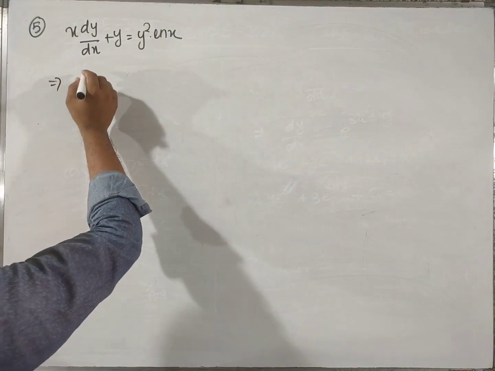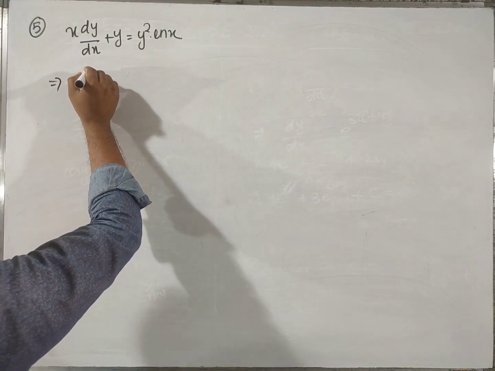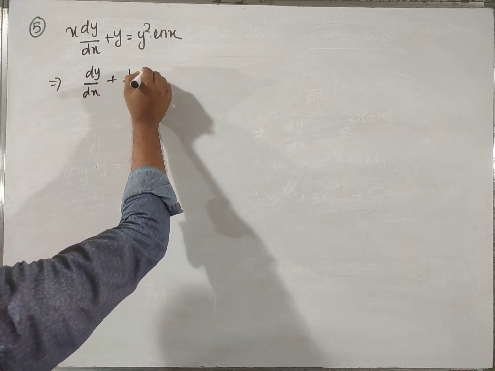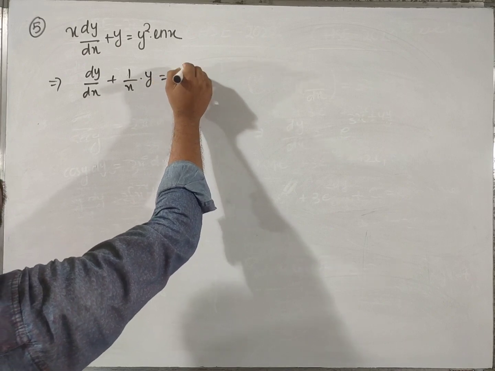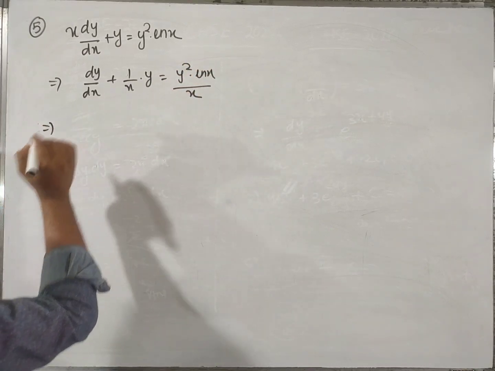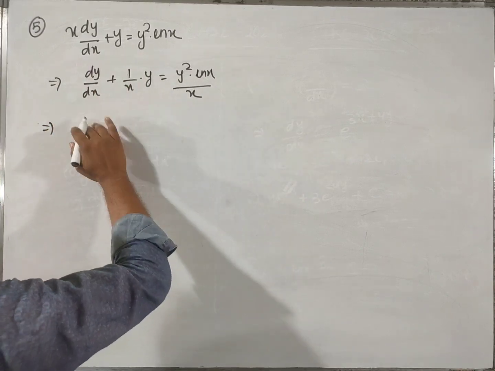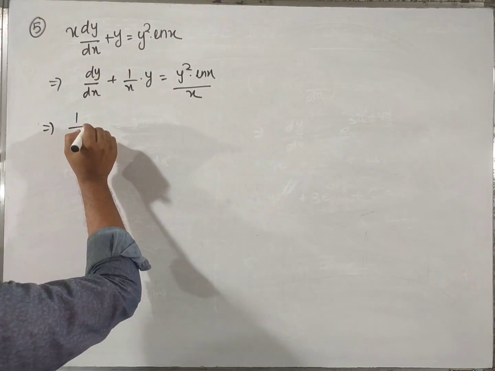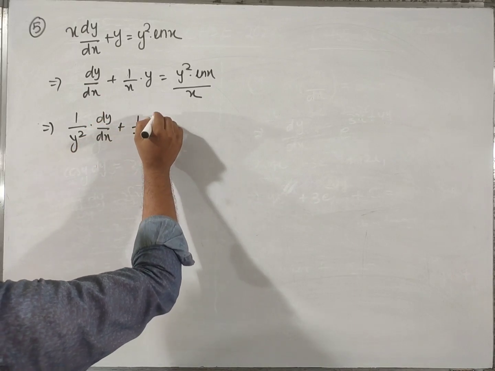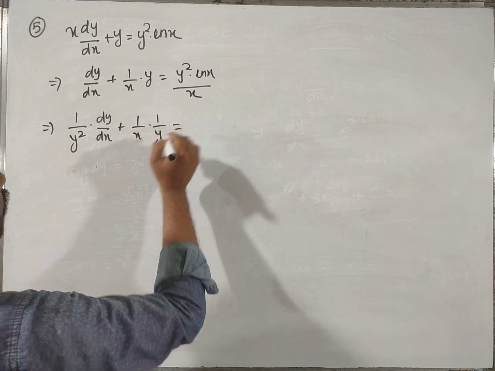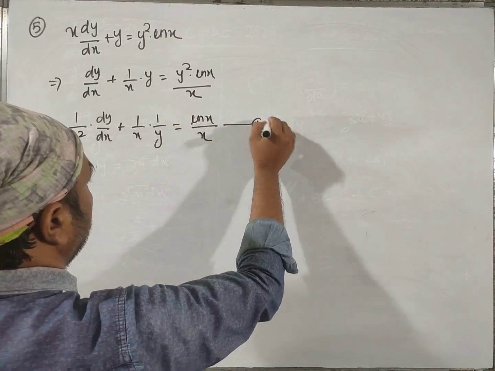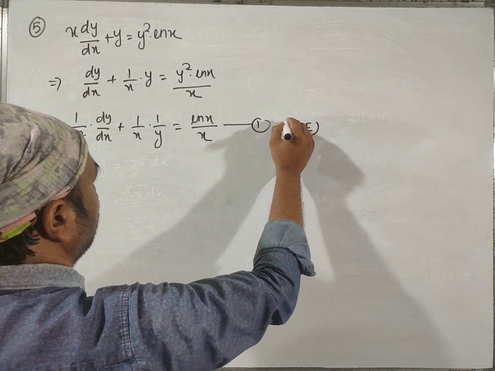So it will be dy upon dx plus 1 upon x into y equals y square into ln x divided by x. Then dividing by y square on both sides, we have 1 upon y square dy upon dx plus 1 upon x into 1 upon y is equal to ln x divided by x, and it is a Bernoulli's equation.